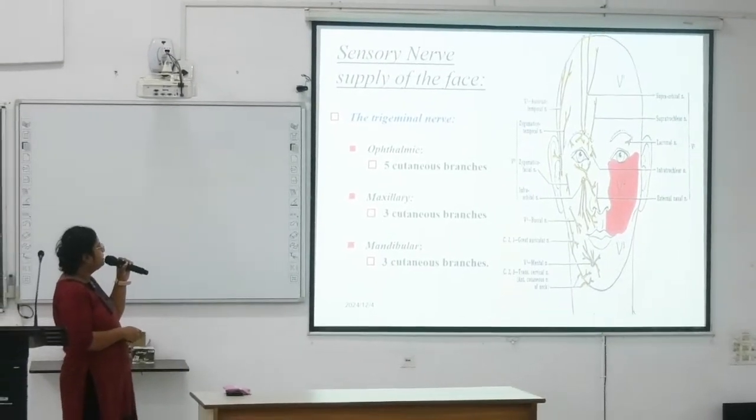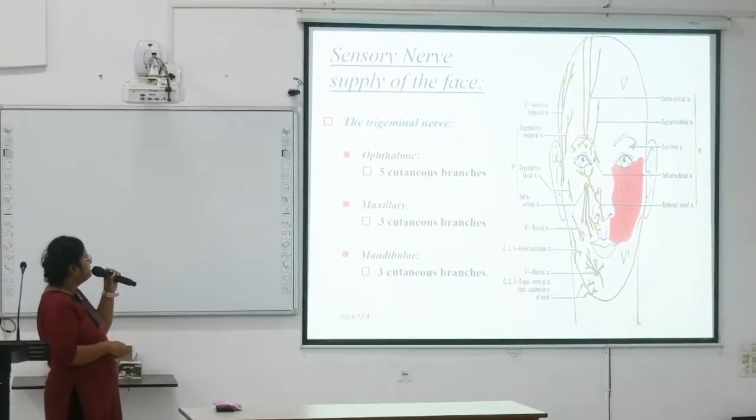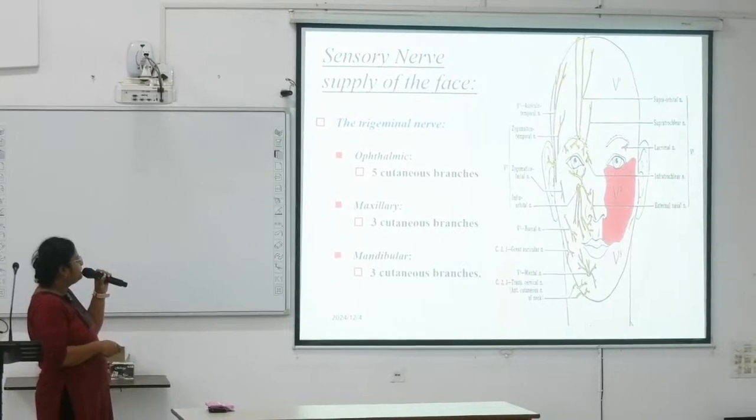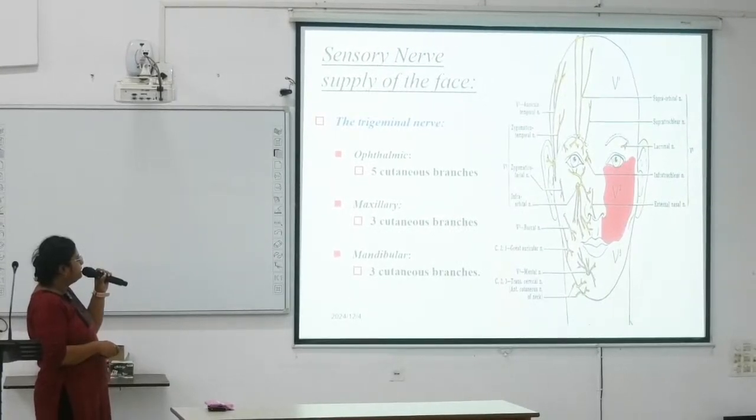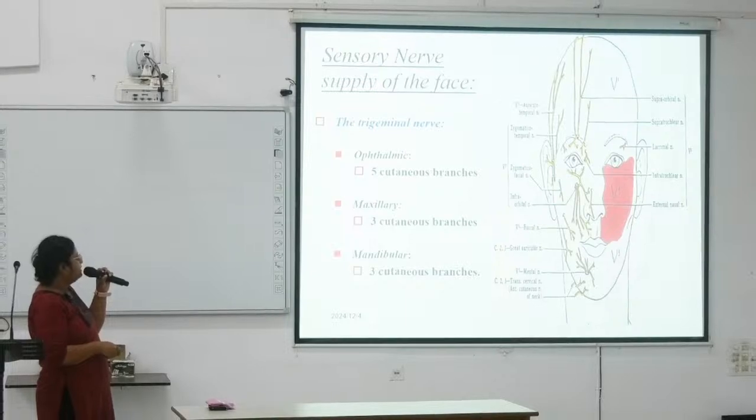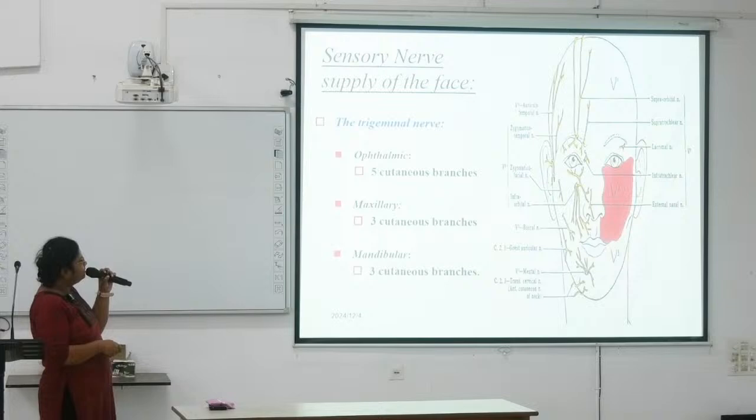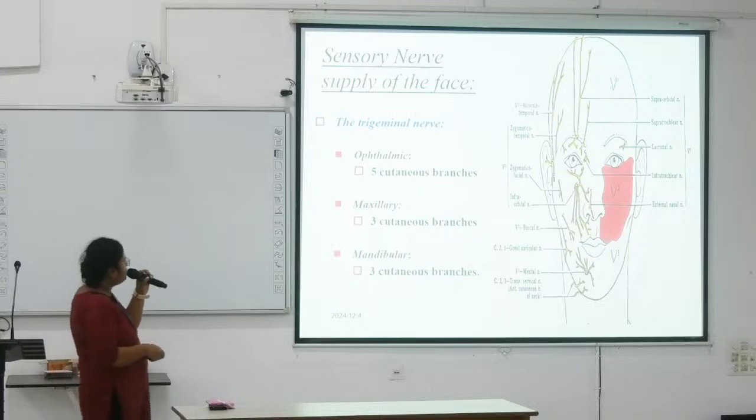These three are branches of the maxillary division. Then the mandibular division: buccal, mental, and the auricular branches. The great auricular branch is coming directly from the cervical plexus. All these are coming from the mandibular division.